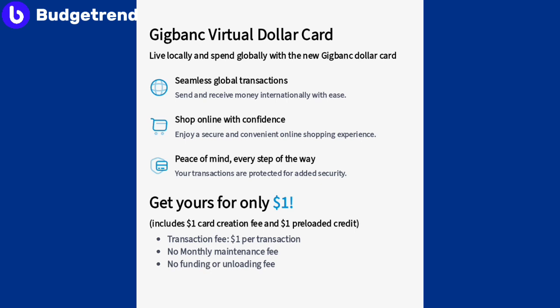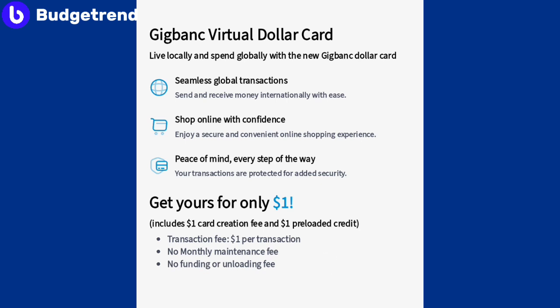Unlike Gigpay, which will charge you 0.5 USD for every funding of the card, and 0.5 USD for every transaction you make on the card, Gigbank will only charge you $1 per transaction. That is, every time you use the card for a transaction, you will be charged 1 USD, but they do not charge a funding fee.